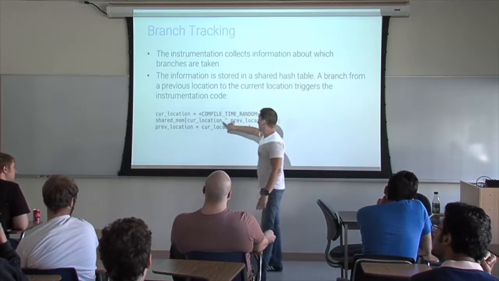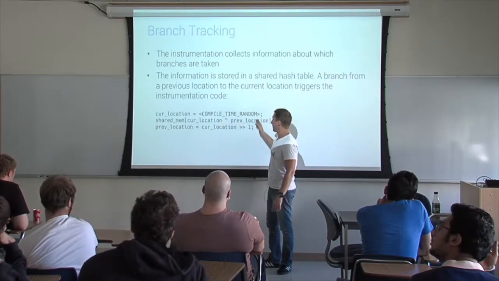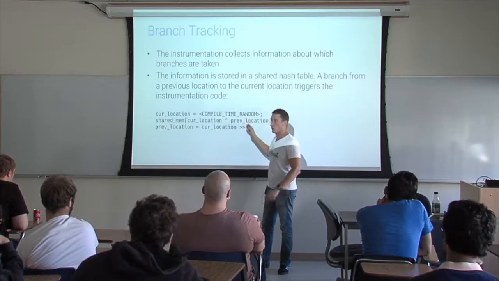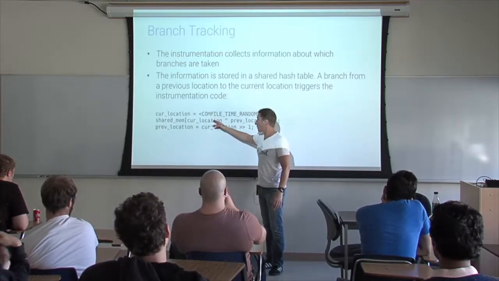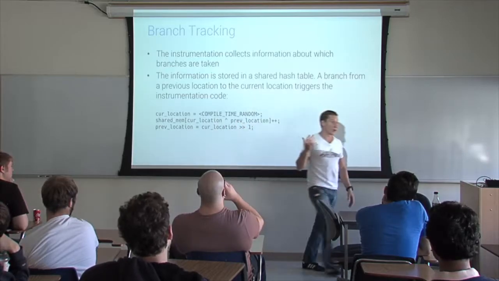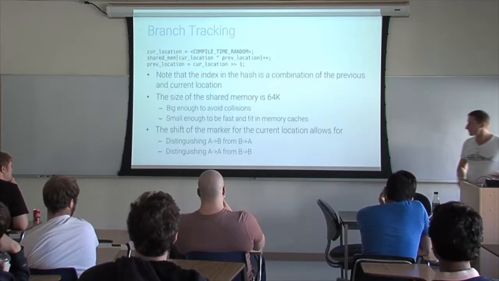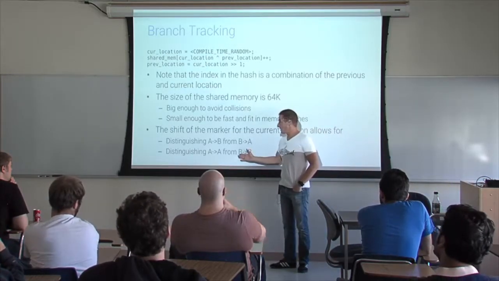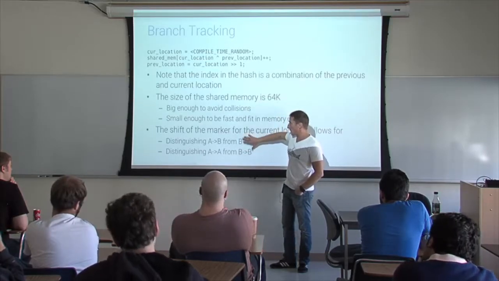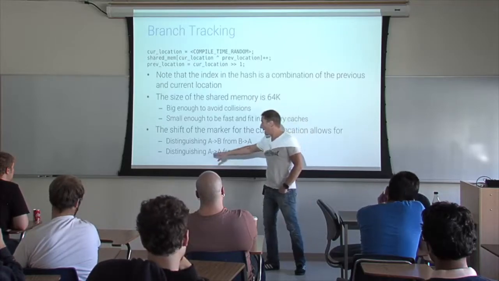If I use just the XOR and don't do that, going from this to this or from this to this would hold the same result. And going from the current location to itself would give the same result as any other self-transition, because XORing with itself would cause 0. So the shift allows us to distinguish between A to B and B to A, and A to A from B to B.